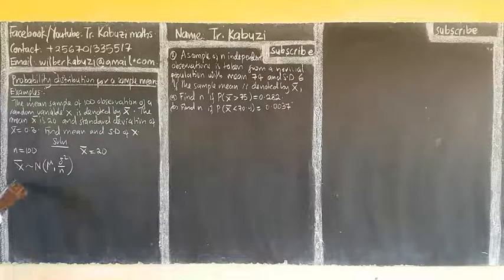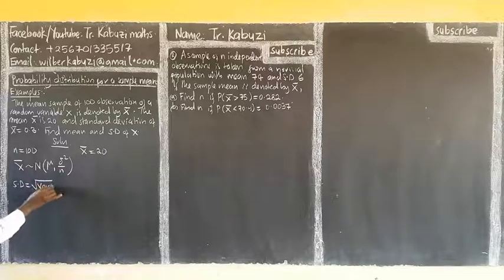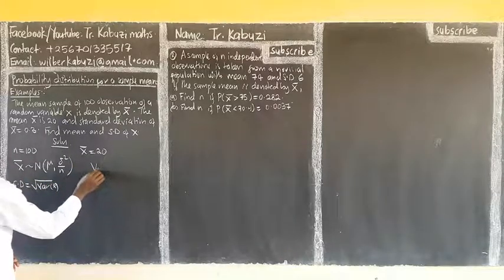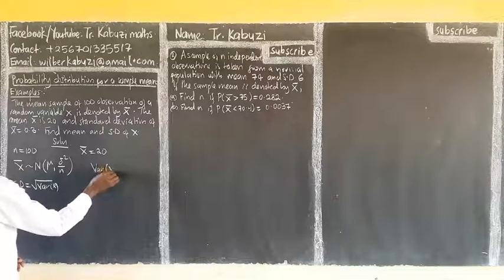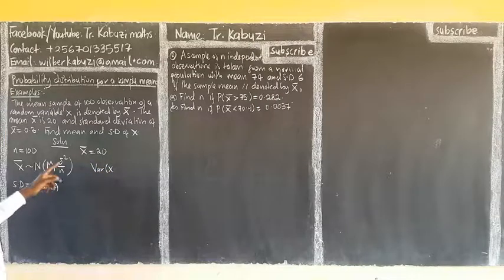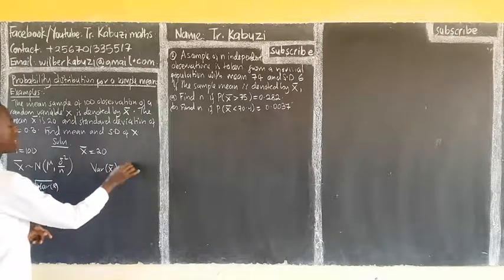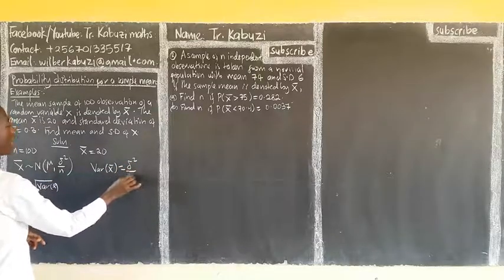Our standard deviation is equal to the root of Var(x). Here, Var of x bar is equal to sigma squared over n.